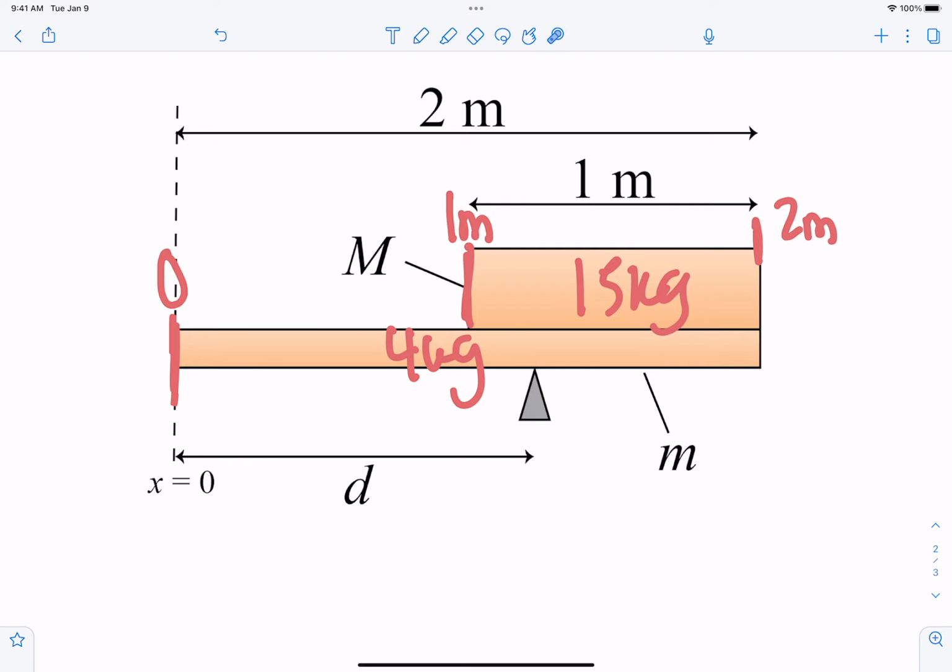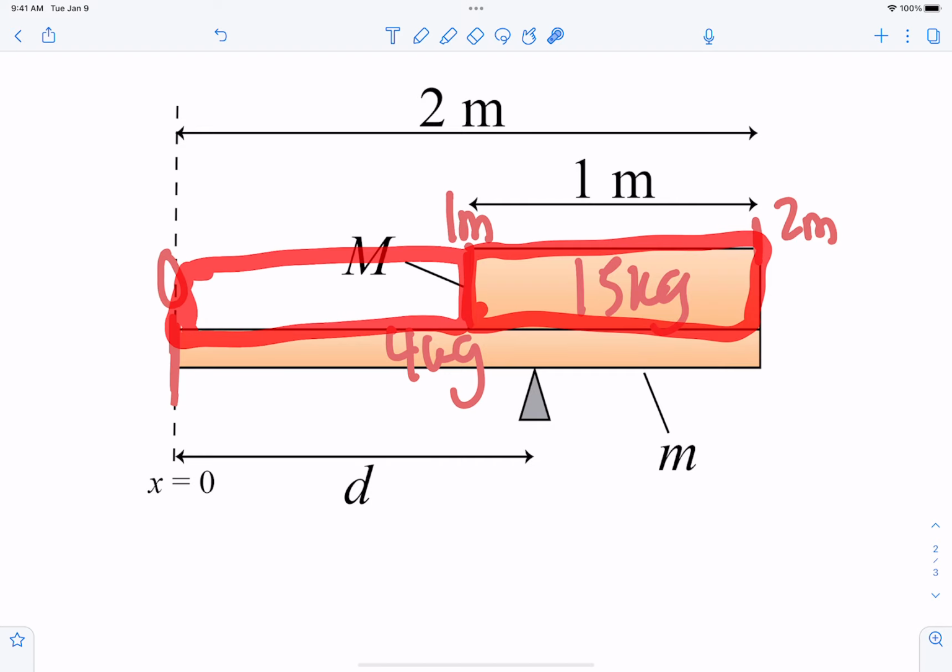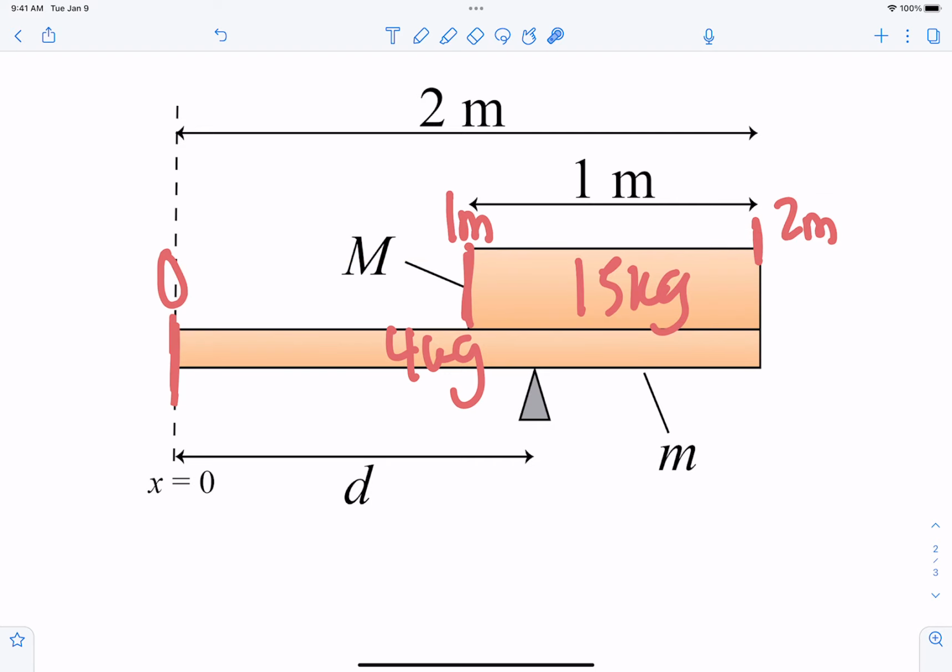That makes sense, right? Because if this whole thing is 1 meter, then this imaginary section here is another meter. So I know that 1 meter's at the beginning of the block, and then 2 meters at the end of the block.